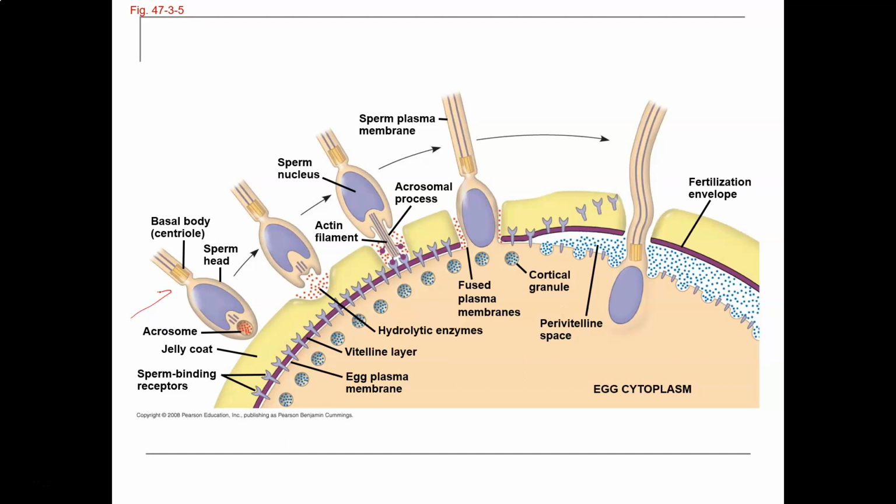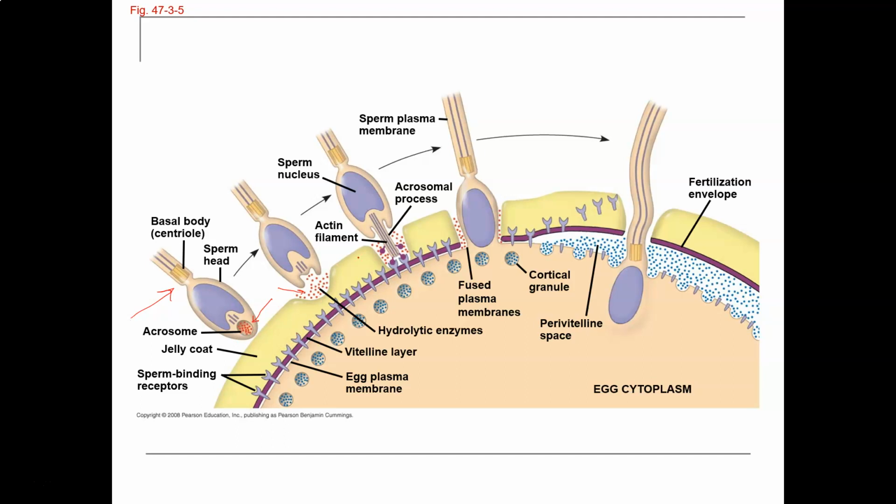So let's look at that in this picture here. So here's a sperm arriving at the egg, and here's its acrosome with enzymes inside. So again, it takes about 7 hours before it can rupture. So here we see the acrosome reaction, where the enzymes are getting released, and then they help make a pathway through to the egg. Now in this picture it makes it appear as if one sperm can penetrate the entire barrier.